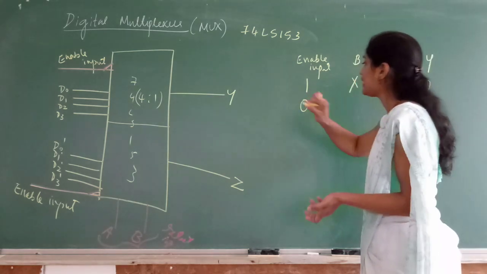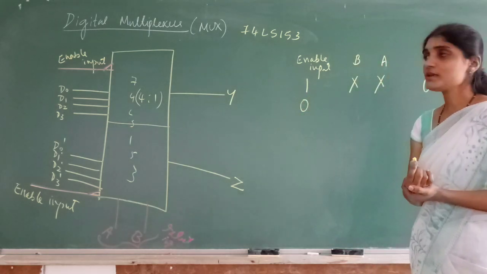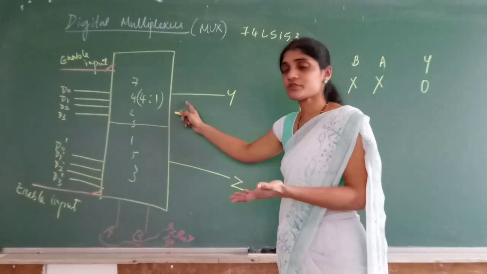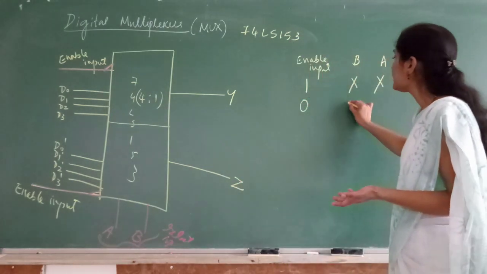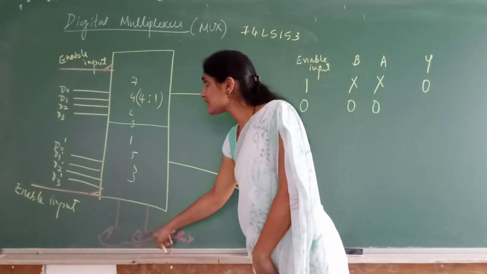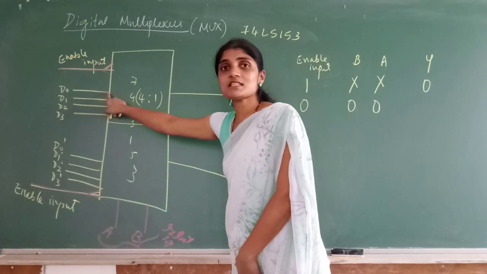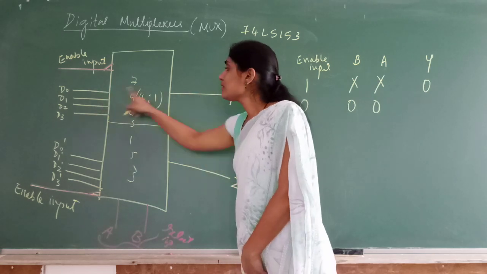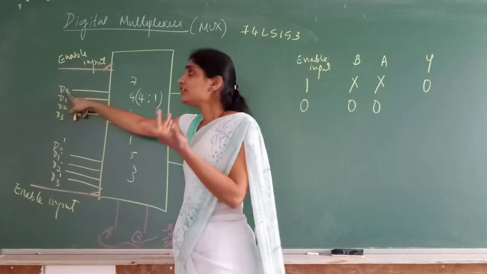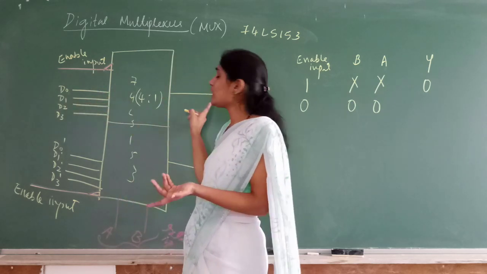Now if you make the enable input 0, that means you are making the IC active, and you are making use of the first multiplexer. Now you give 0, 0 as select inputs. The first input line will be selected, so Y will be equal to D naught. What is D naught? If you give D naught as 0, you get 0.